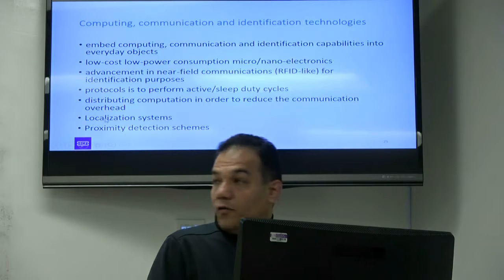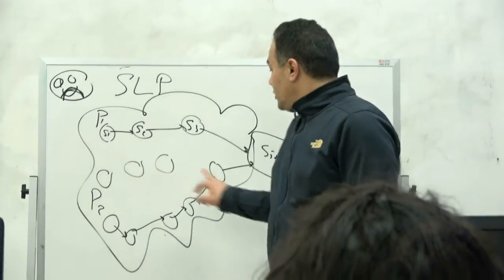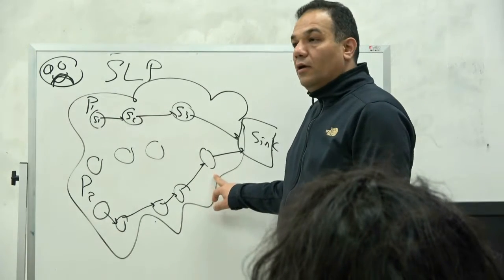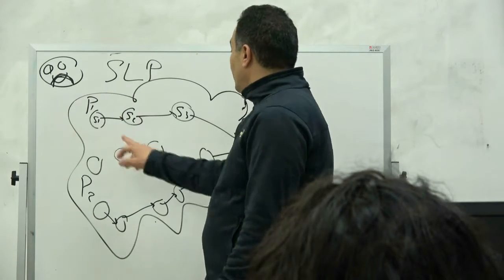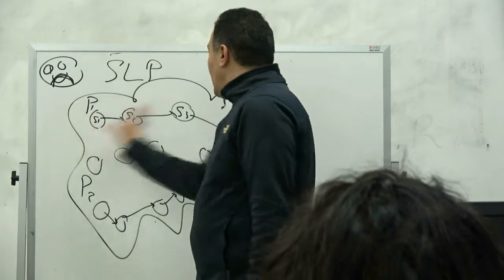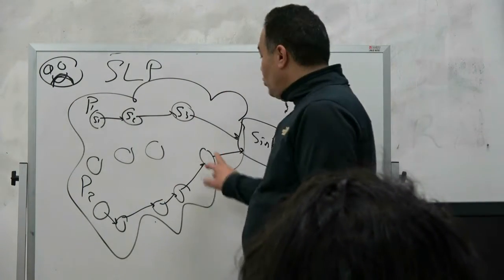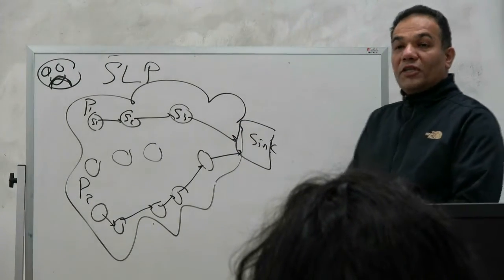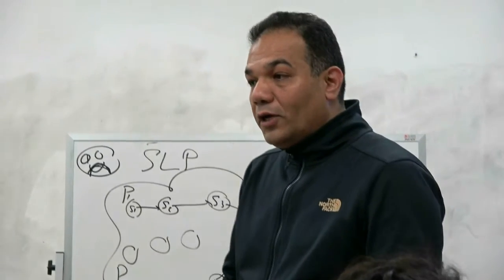For example, in here, which one will die first, you think? This one or this? The one near here, because this one is only sensing and sending, then it will sleep. It will send everything this way. This one, anything could come through it and be sent on, so it will be much more busy. If I have a network like this, remember I said one of the problems we have to handle is routing, networking.